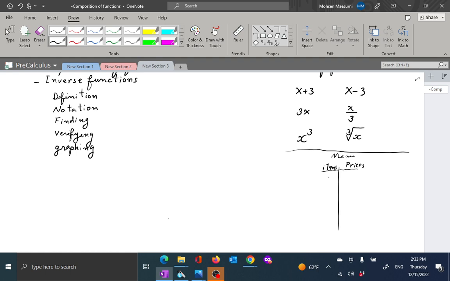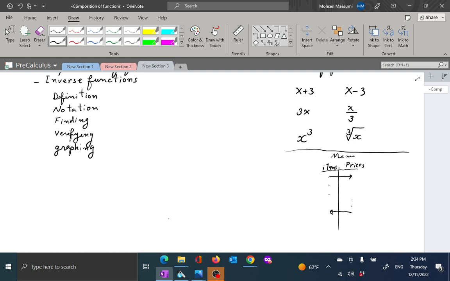Sometimes you look at the items and then you look at the price of that. Sometimes you look at the prices and then you look at the item that associates to that price. These are two styles of looking at a set of data.